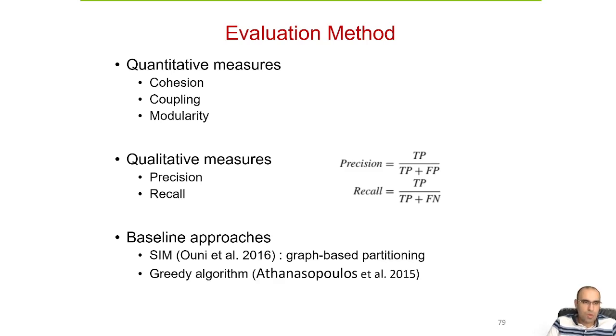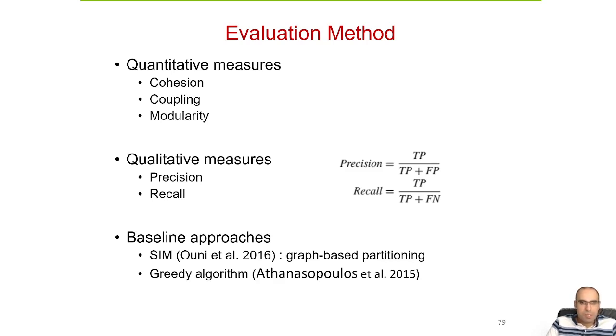For our second research question, we also considered qualitative measures, to see whether our remodularizations are similar to remodularizations done manually by developers in terms of precision and recall. We assume that if we provide solutions similar to those identified manually by developers, our approach could be practical and accepted in practice.